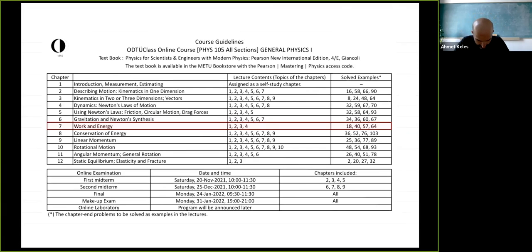Maybe I can do a look back and see what we did so far. I think what we did was describing motion in 1 and 2 dimensions, and introducing vectors to do that more systematically. And then we started talking about Newton's laws.